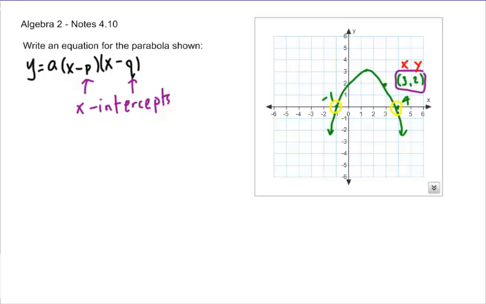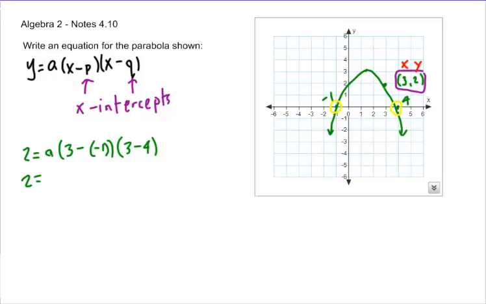We know that y is 2. A we don't know. We know that x is 3, and I know that one of my x-intercepts is -1. And I know that x is 3, and I know my other x-intercept is 4. So I'm just going to solve this out.